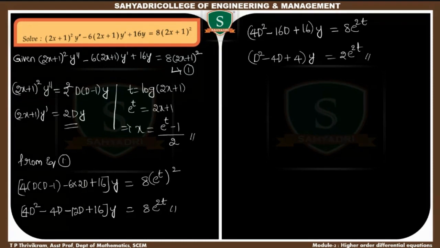Now you need to solve this equation. Take this as equation 2. From equation 2, write the auxiliary equation.